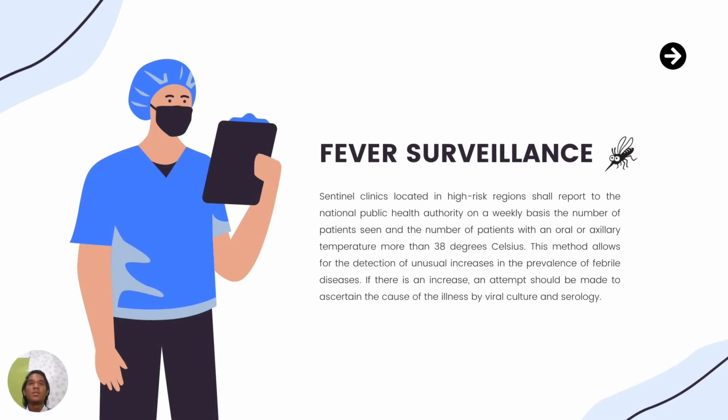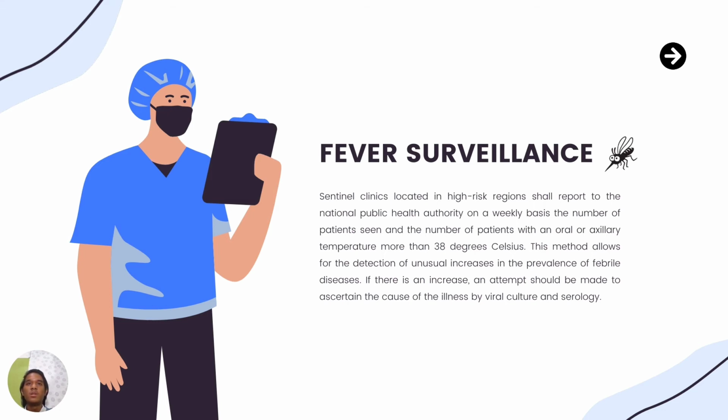The second surveillance is fever surveillance. Sentinel clinics located in high-risk regions shall report to the National Public Health Authority on a weekly basis the number of patients with an oral or axillary temperature of more than 38 degrees Celsius.